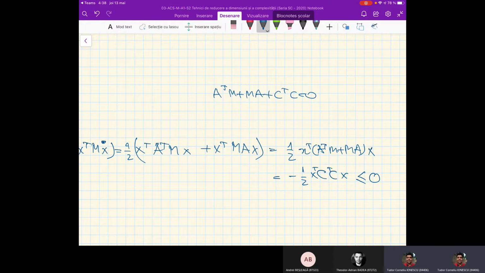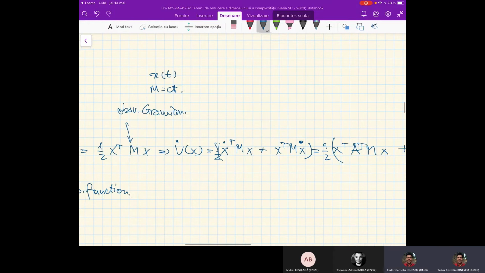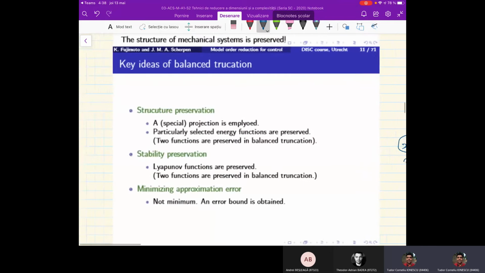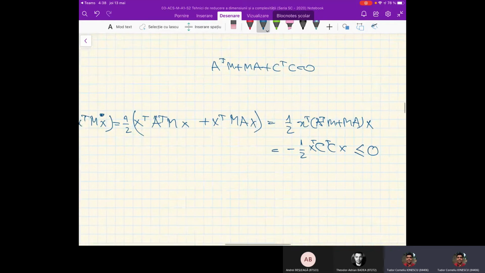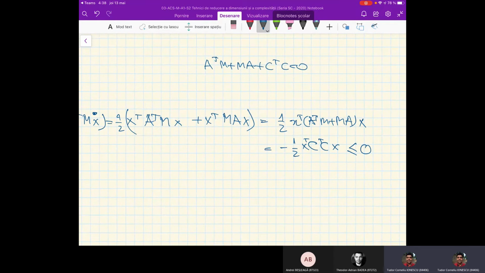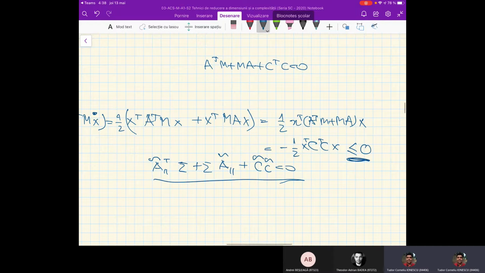And A is already stable, we already know that. But this is related to stability. When you perform model order reduction, you end up in balanced truncation with A11 tilde transposed sigma plus sigma A11 tilde plus C tilde transpose C tilde equal to 0. This is of the reduced order model, and it's of the same type.